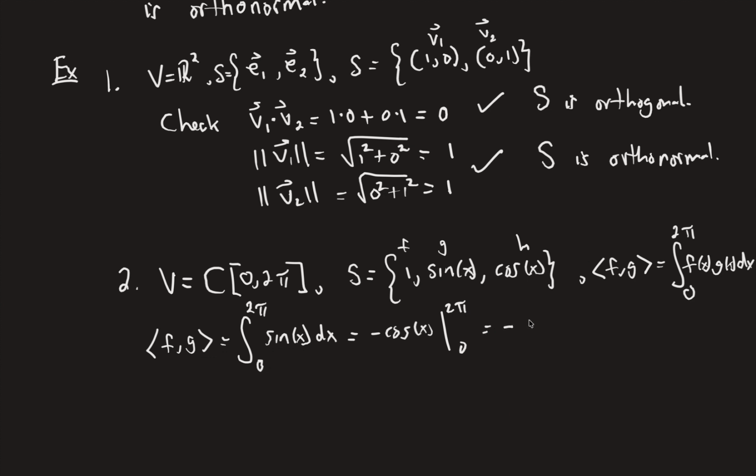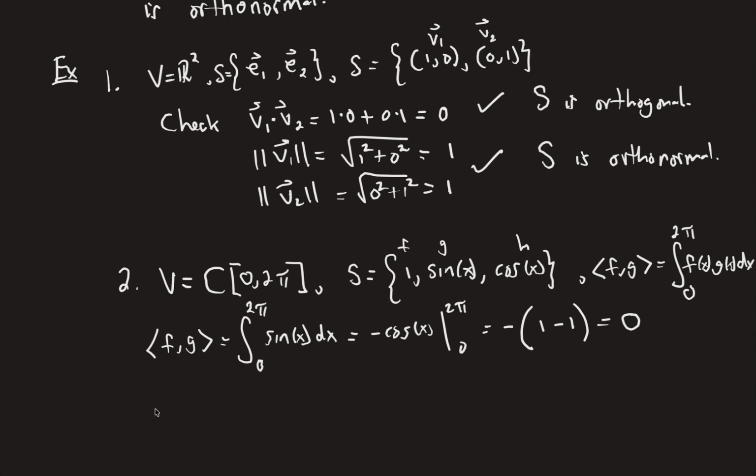So the negative of, cosine of 2 pi, which is 1, minus cosine of 0, which is also 1. And there you go, we end up getting 0. So relative to this inner product, the function 1 and sine of x are orthogonal.